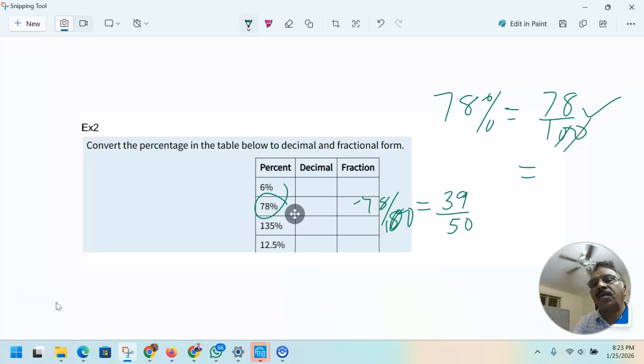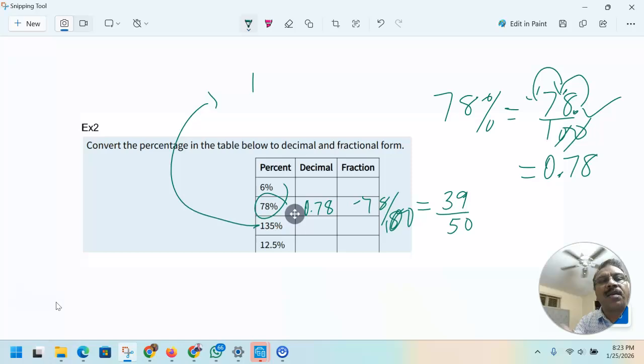So when I cut these two zeros, the decimal which is right here will move one and then twice. So it goes two places left and you get 0.78. The next one is 135%, which basically means 135 divided by 100.